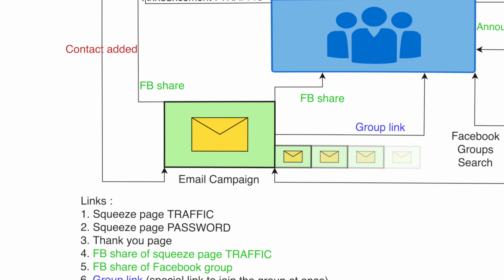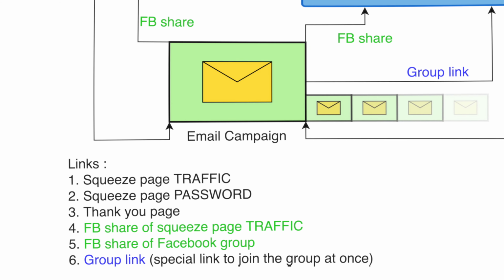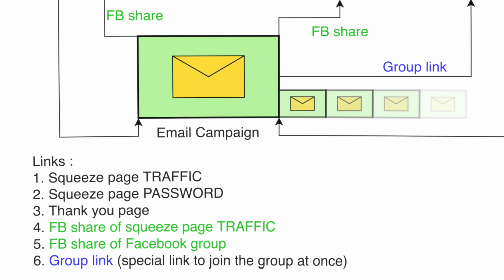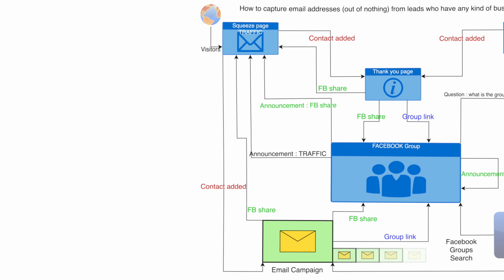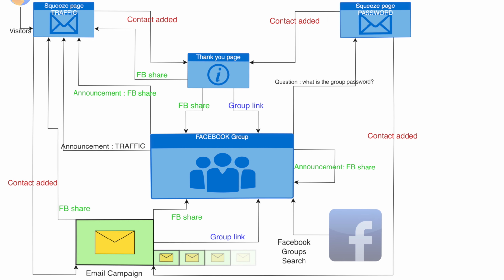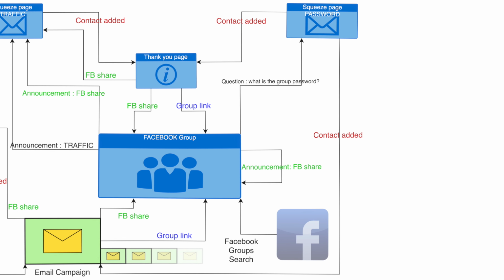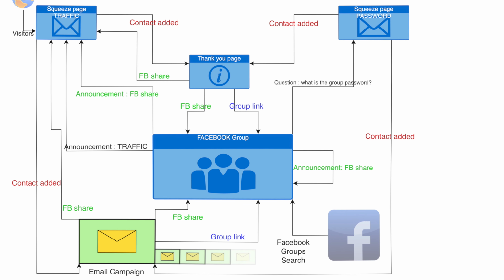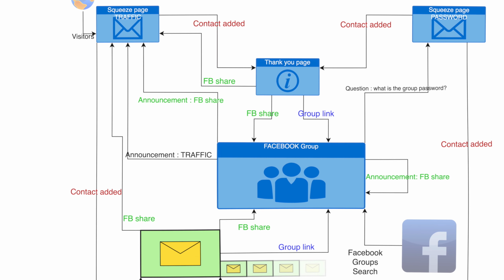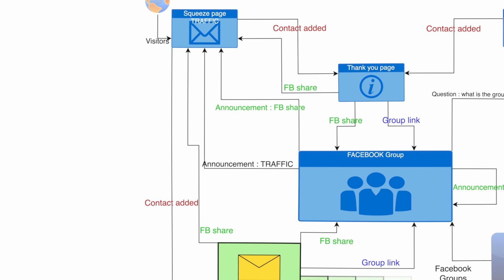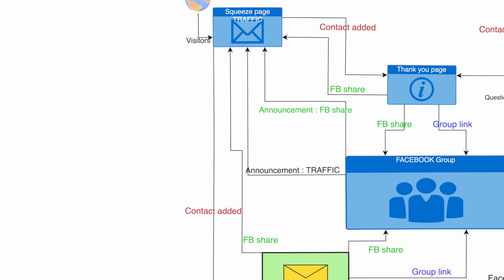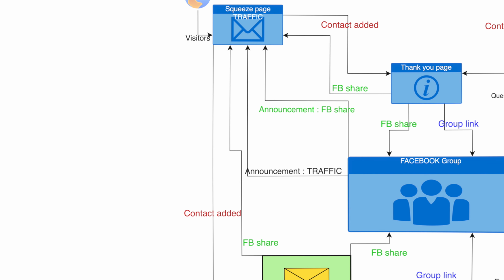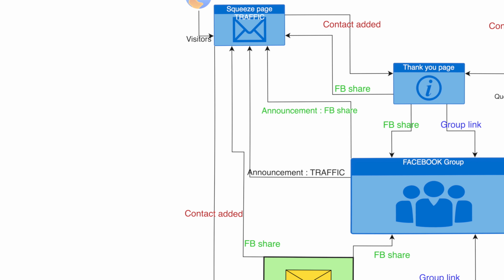They are incoming from the Squeeze pages, the traffic and the password. In the email campaign you come in from those Squeeze pages. Of course, there is no other way to get into your email campaign. So that is for the incoming links to this email campaign.